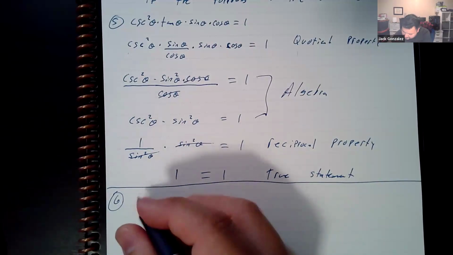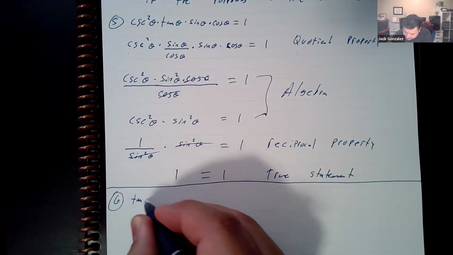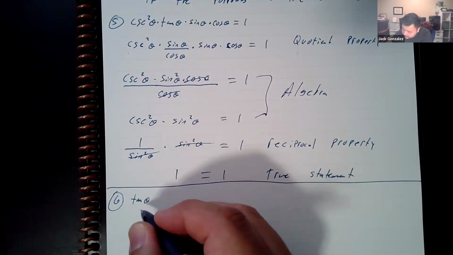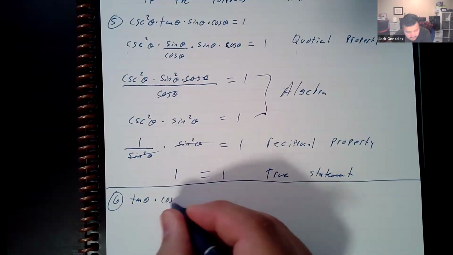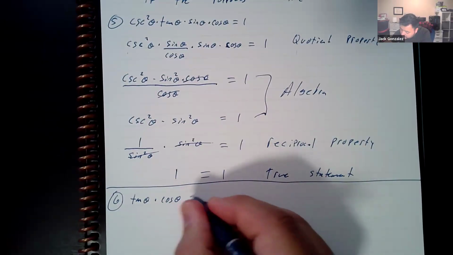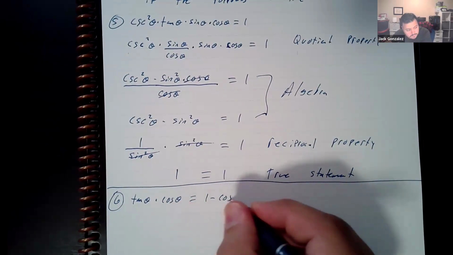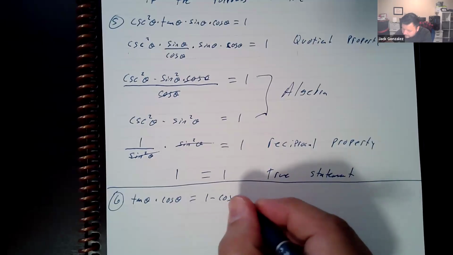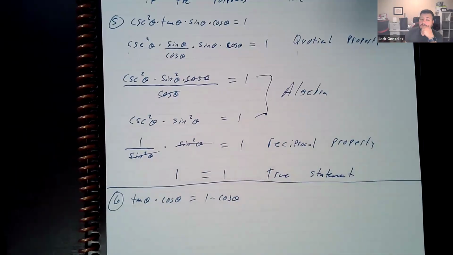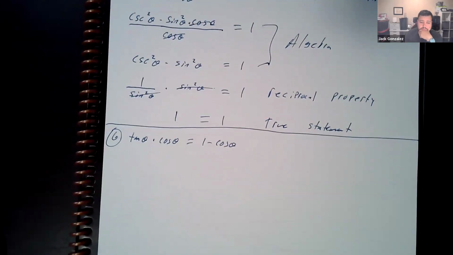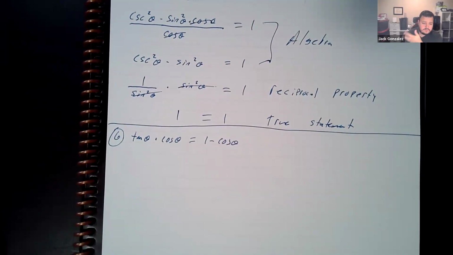Tangent theta times cosine theta equals 1 minus cosine theta. So you pick a side and then you try to make it turn into the other side.